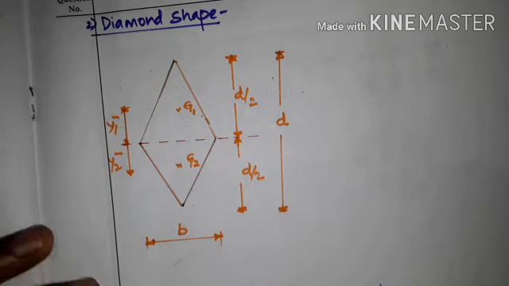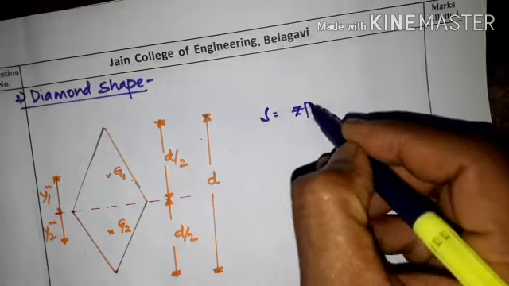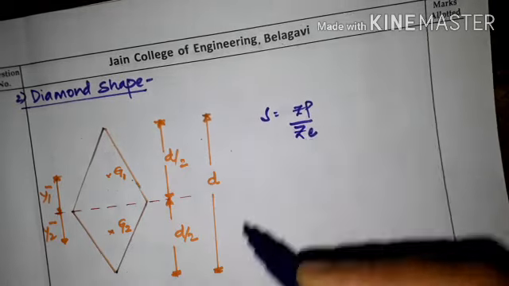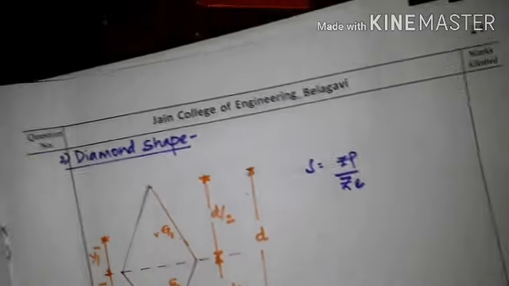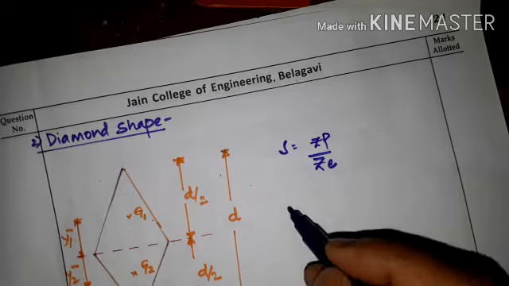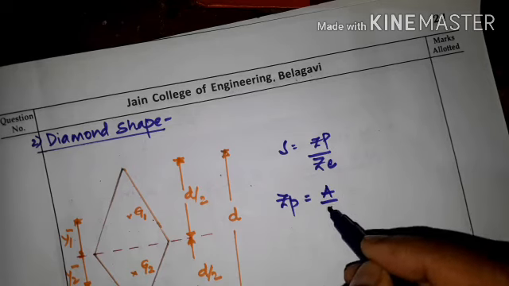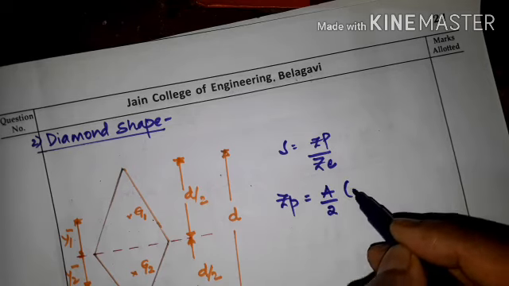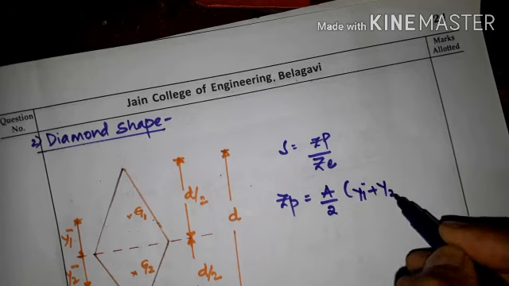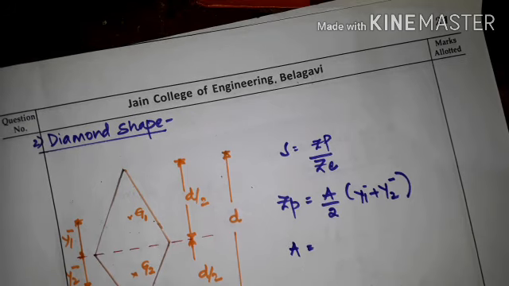Again, what is shape factor? S is equal to ZP by ZE. So what is ZP again? It is A by 2 into Y1 bar plus Y2 bar. First of all, what is A?